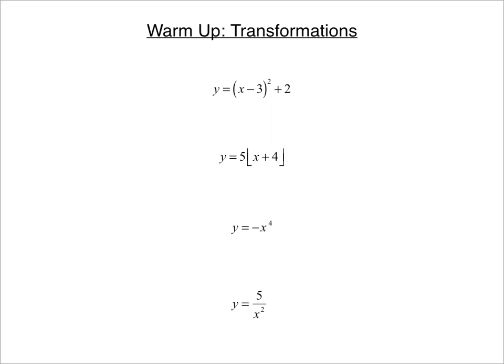So, like in this first one, this minus 3 belongs to the X. We know that because it's in the parentheses with the X. This plus 2 actually belongs to the Y, okay? And if I were to move it back to the other side, the equation would look like this. Y minus 2 equals X minus 3 squared.